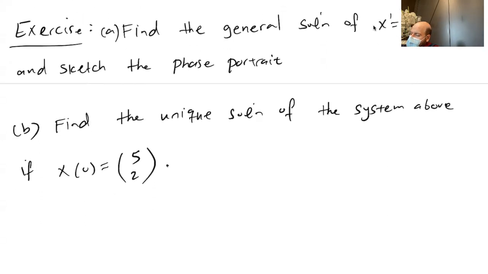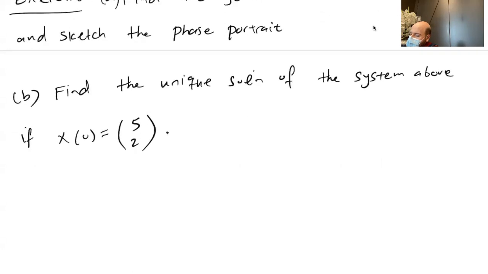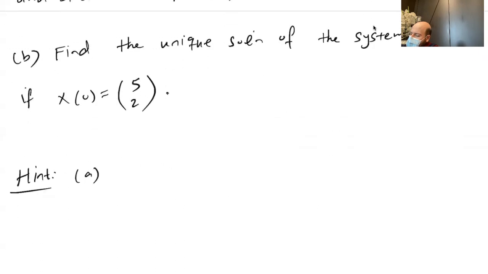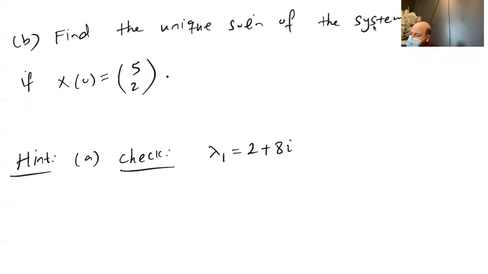So how can you find the general solution? Let me give you a hint for parts A and B. Hint for part A, we can find the eigenvalues first. Check that the eigenvalues will be 2 plus and minus 8i. So let's say lambda 1 is equal to 2 plus 8i. Remember, we only need one eigenvalue in this case, and we need the eigenvector corresponding to that eigenvalue.